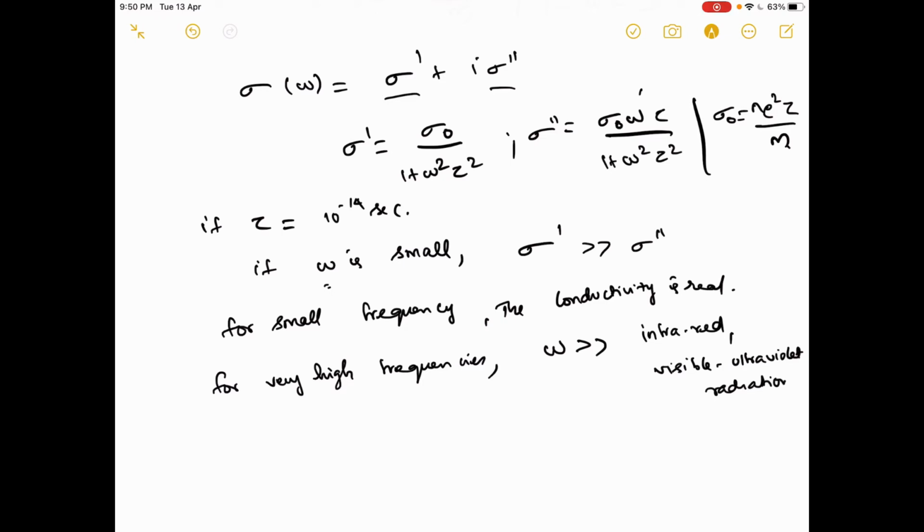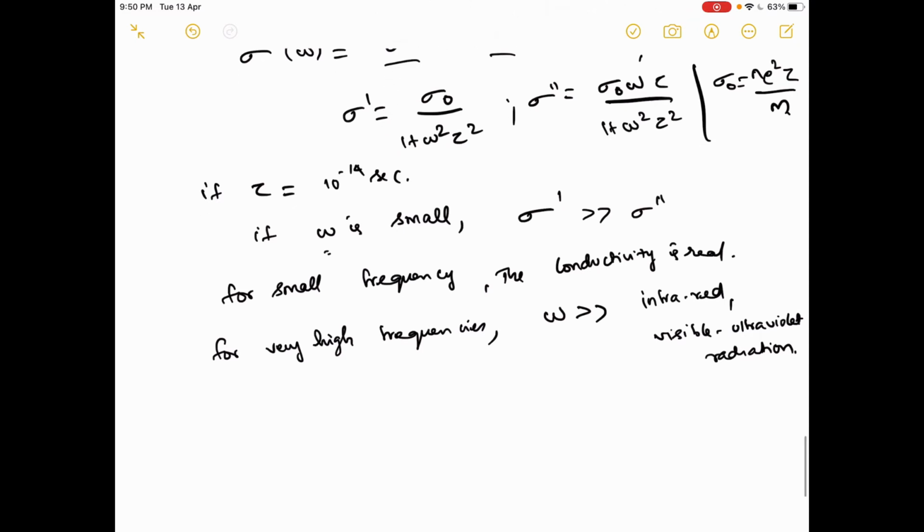Remember, these are several thousands of terahertz, right? So these optical radiations are much higher than the typical RF frequencies we talk about. Under these situations, the conductivity is purely imaginary.